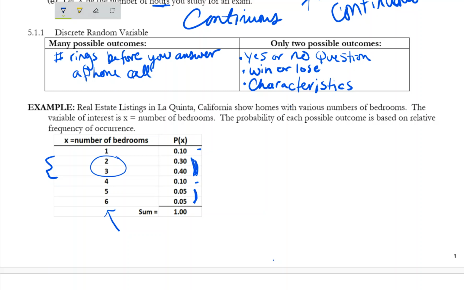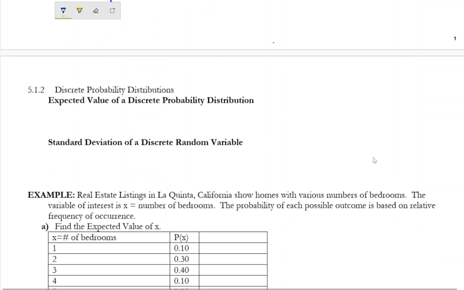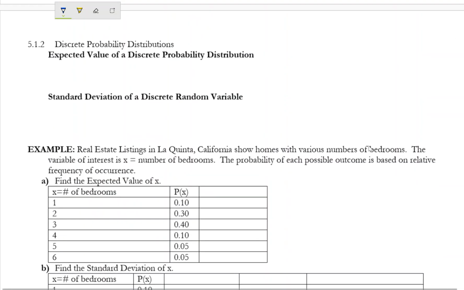So you might ask yourself, how can I do that? Well, the answer is to use your probability to affect how often or how much each of these values shows up. So we get a different formula for how to calculate the mean and how to calculate the standard deviation. Instead of calling it just the mean, we call it the expected value because it's the value you expect to get on average.